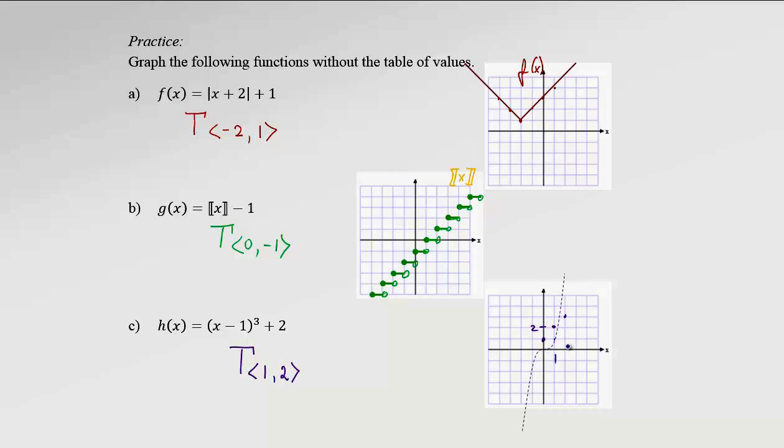We can check a couple more points. The regular point 2, 8, somewhere here, will be moved 1 across, 2 up, so somewhere there. Okay, so the snake will be moved a little bit up. Let's connect those dots. It looks somehow like this. So this is our function h of x.